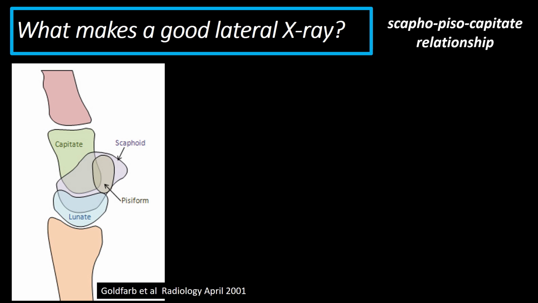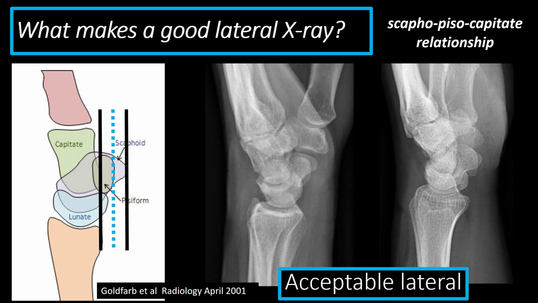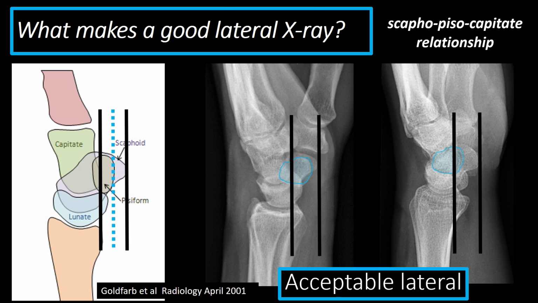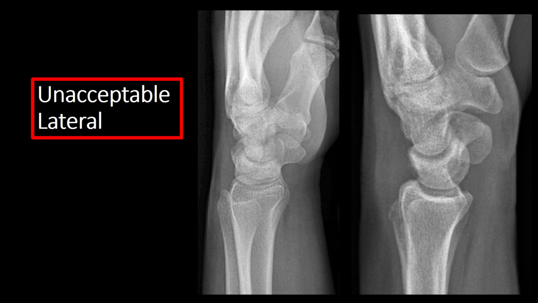The palmar margin of the pisiform should be in the central third of that interval between the capitate and the scaphoid. On radiographs, you can have a spectrum that is acceptable. So you can see here that the pisiform is in that interval pretty well on both of these radiographs. So these are acceptable laterals that you can trust.